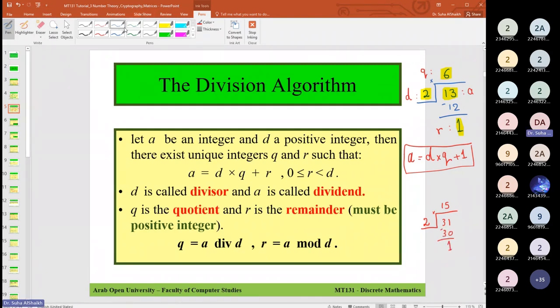So I can see that 31, the number I divide, is equal to 2 multiplied by 15 plus 1, and this is the division algorithm.